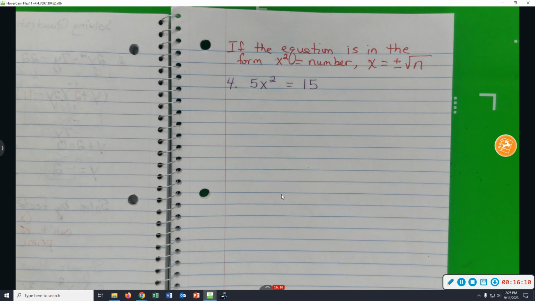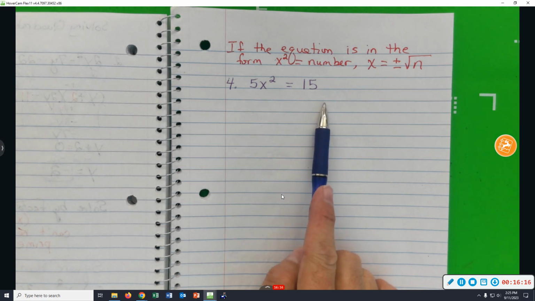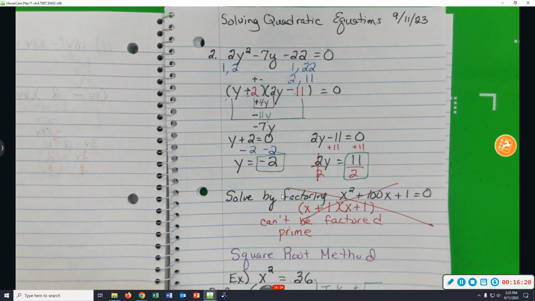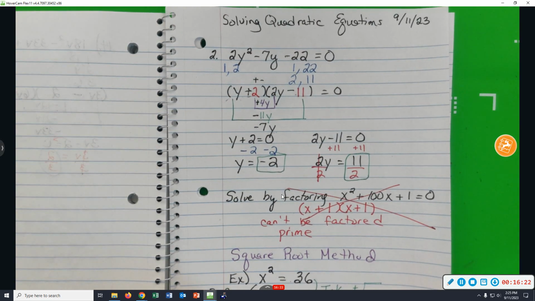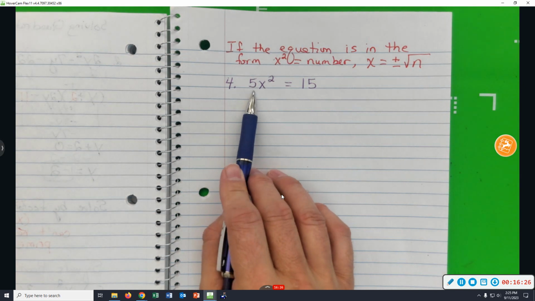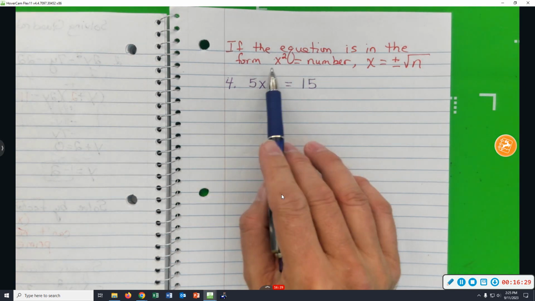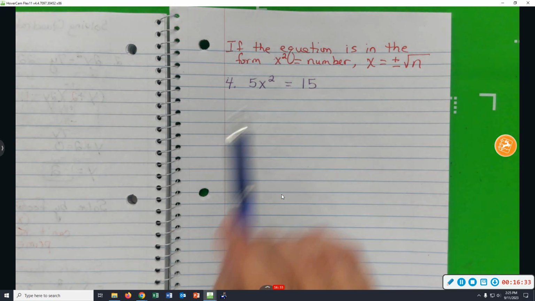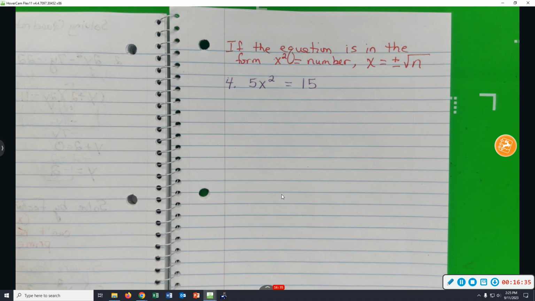Well, there's something wrong with this equation, if we're going to do this problem the way we did what I made up here, the x squared equals 36. We want to get rid of that 5. We just want x squared equals a number, not 5x squared. So there's a little bit of work we have to do first.